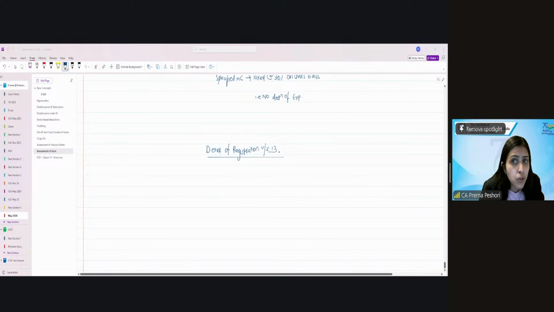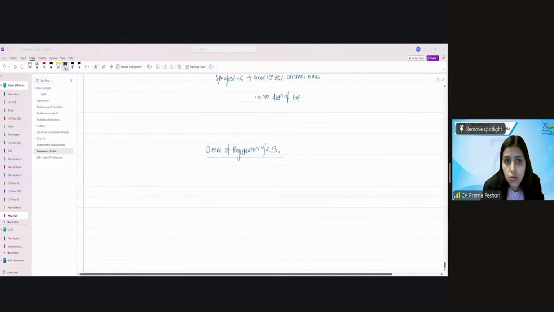So what are the provisions in respect of that? Let us try and understand. So section 13 provides that the registration of the trust can get cancelled in case certain conditions are fulfilled. Right? So the CIT has the power to cancel the registration of the trust under section 13.